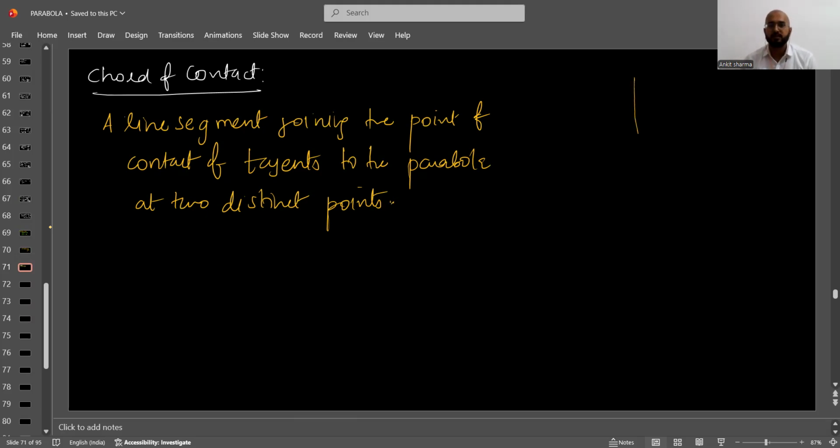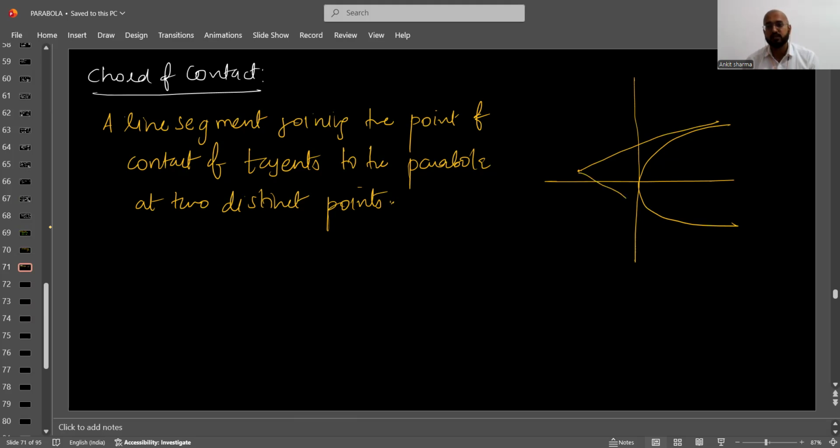Suppose I have an external point. From a very powerful result that we might have seen so far, for a 2-degree conic, two tangents can be drawn from an external point.